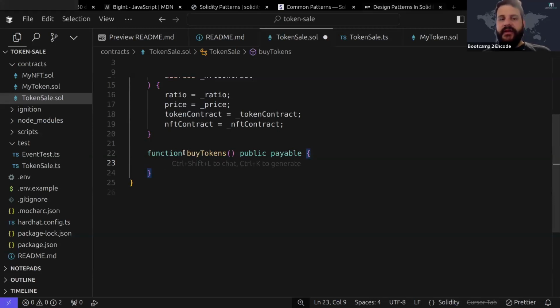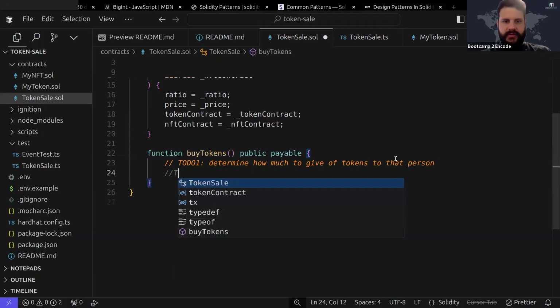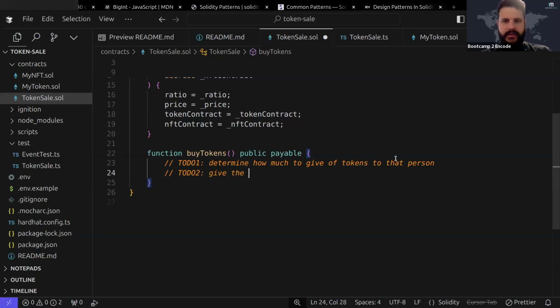Okay, and here, if I'm buying from the smart contract, so to-do 1: determine how many tokens to give to that person, and to-do 2: give the correct amount of tokens to that person. Okay, so those are the only 2 things I need to take care of.